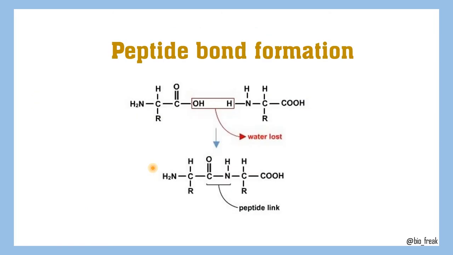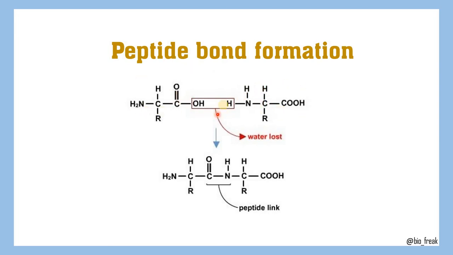So in the beginning, I said that the monomer is amino acid, the polymer that is formed is protein, right? So here we are talking about the ligating factor. The monomers are to be ligated together. They should be linked together by something to form the polymer of protein, right? And this is done by the peptide linkages or peptide bonds. Now peptide bond formation is the condensation reaction between one amino acid and the other amino acid.